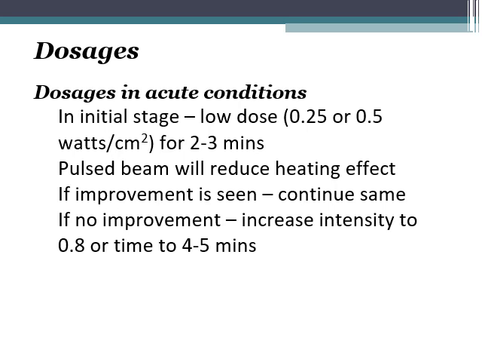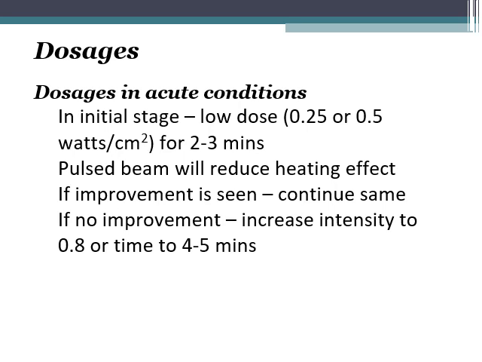So whenever a patient comes to you, first differentiate whether it is acute or chronic, then you can start your dosage setting. First always start with low dose and pulse mode, right? So low dose you can start from 0.25 or 0.5 watt per centimeter square for 2 to 3 minutes.